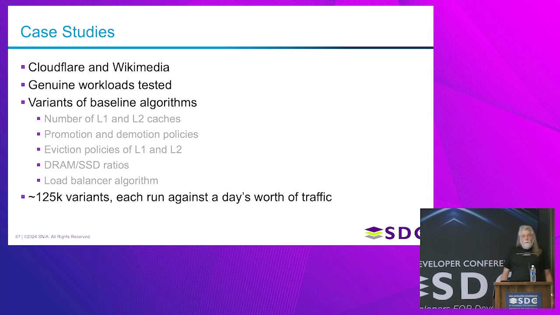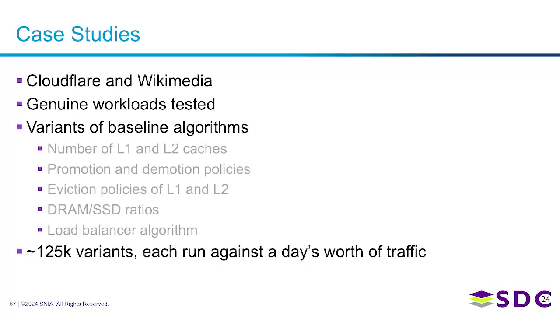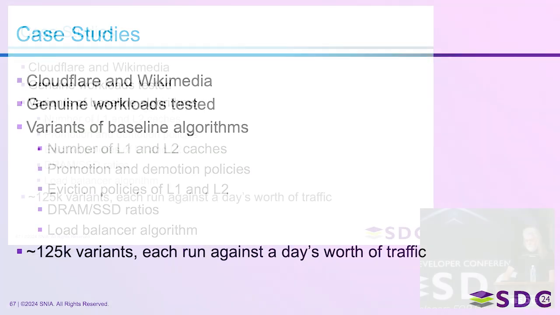So we ran 125,000 different simulations with a day's worth of data in each one of them. So we ran somewhere in the neighborhood of 500 years worth of simulations over the course of several weeks.